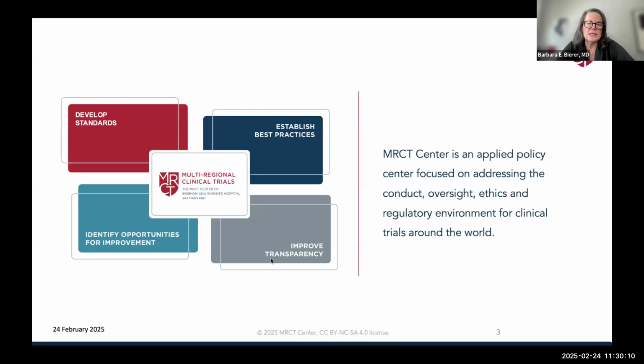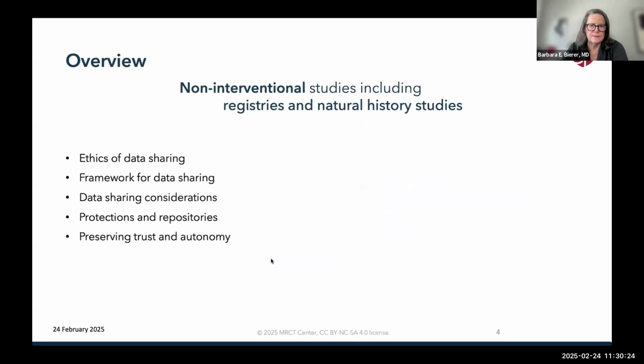And we've been working on data sharing and data privacy for many, many years now, and really have an understanding of how challenging this can be, knowing how important it is.